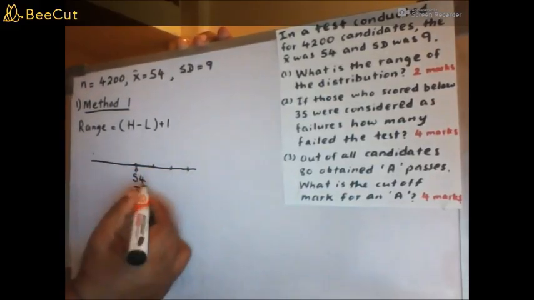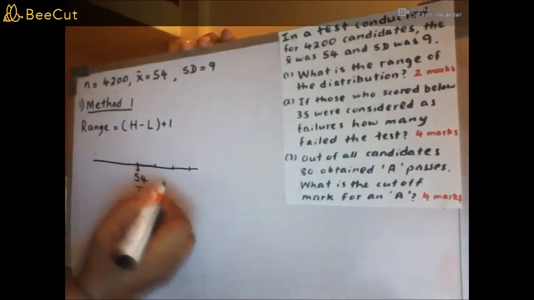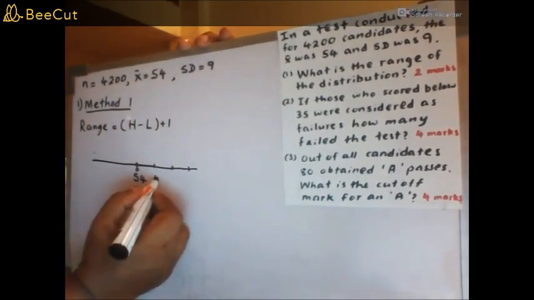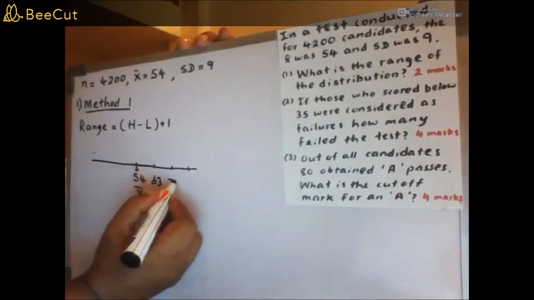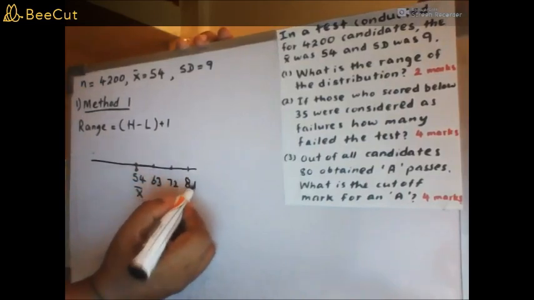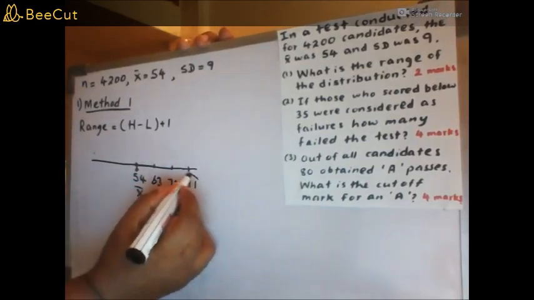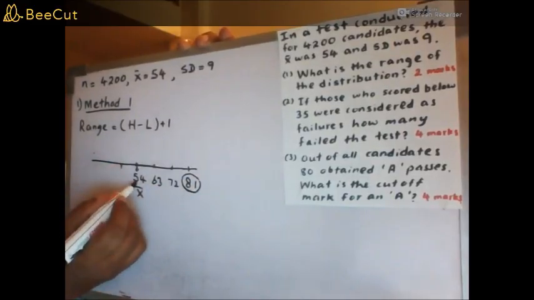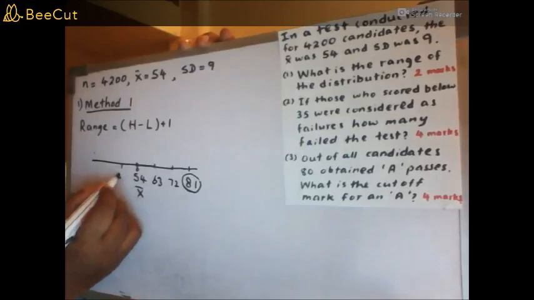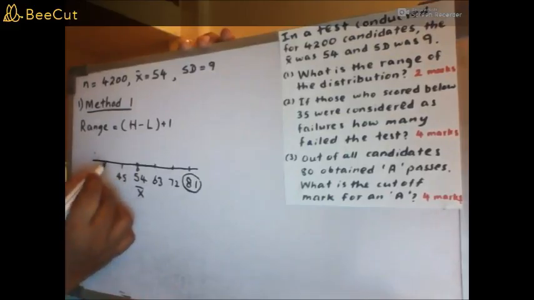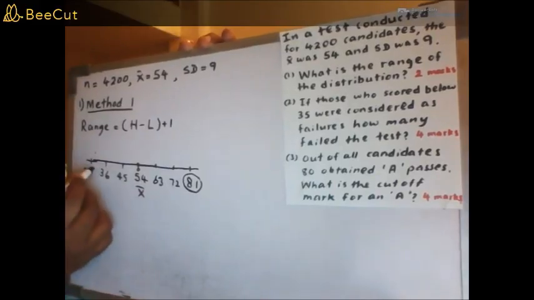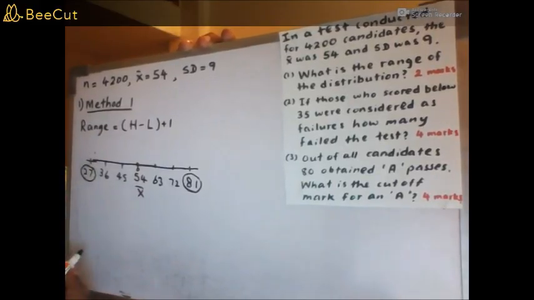So what are those? 54, then standard deviation is 9, so 63, 72, 81. So 81 is the highest. Then this side 54, 45, 36 and 27. 27 is the lowest value.